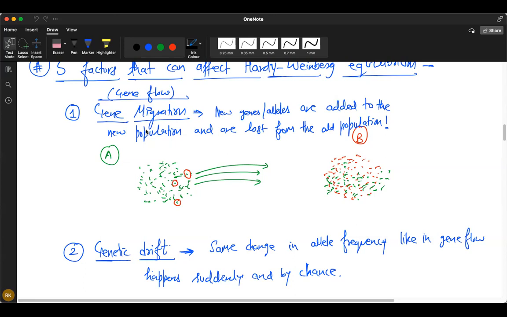Genetic drift happens by chance, whereas mutation happens with time, with radiation. But mutation is also a random event, right? Mutation is a one step process, whereas genetic drift is not. Yeah, mutation is also a chance, a random event.